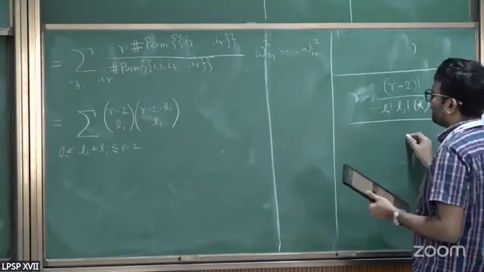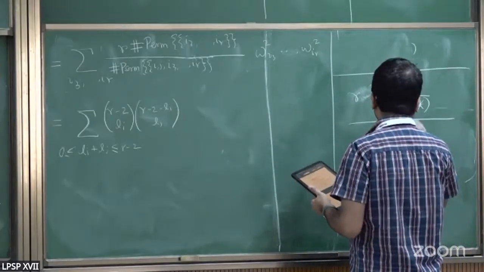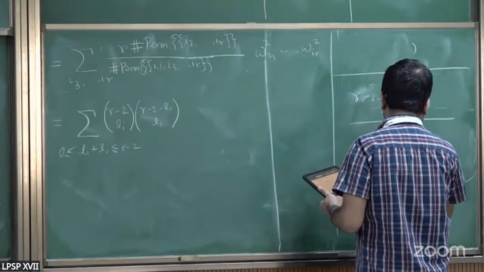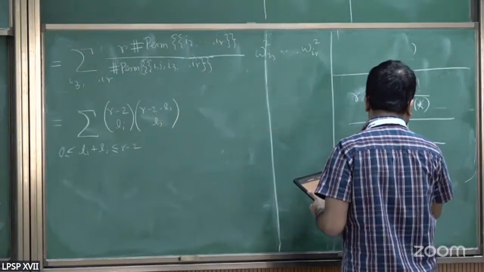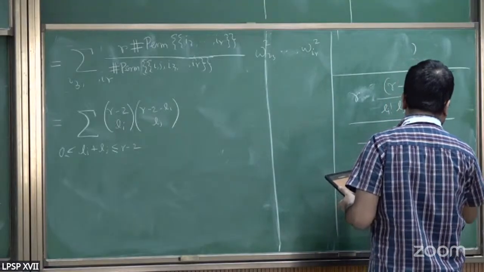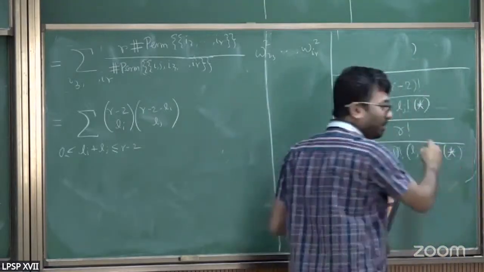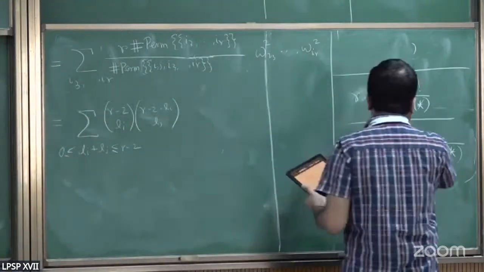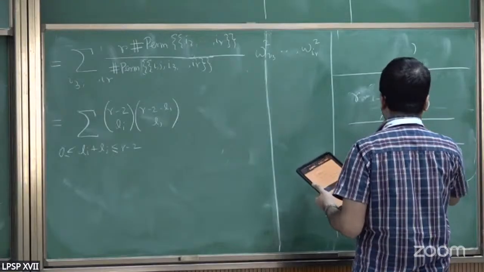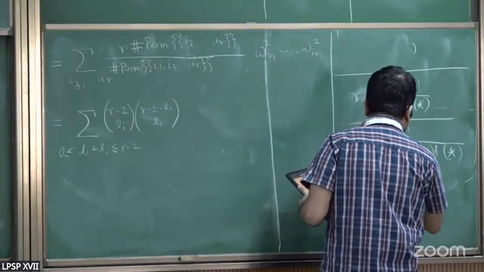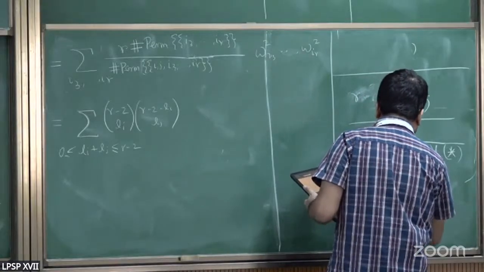So the downstairs gives you R factorial over Li plus 1 factorial, Lj plus 1 factorial, and the same rest. I don't care about what happens to the other numbers. So you get Li plus 1 times Lj plus 1 over R minus 1.